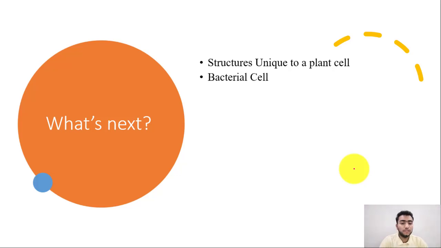We would see what a bacterial cell looks like, and I'll also talk about whether they are really dangerous to us or not. These are two important and absolutely interesting topics to follow. And with this I would like to end today's lecture.